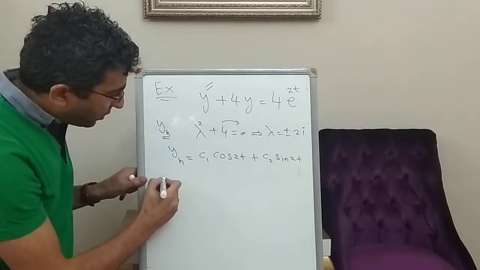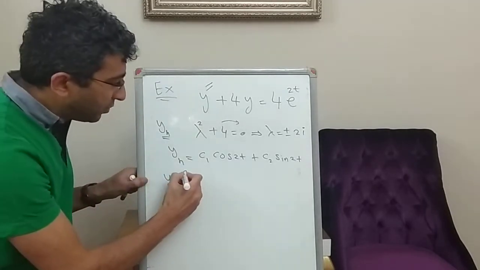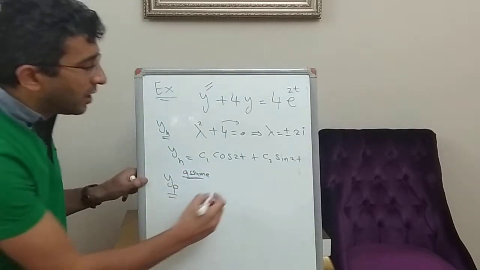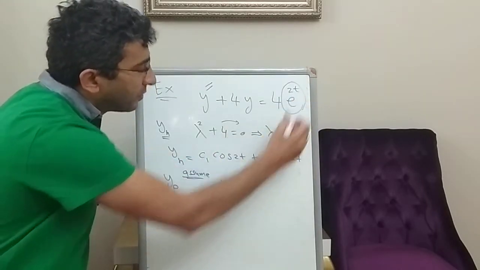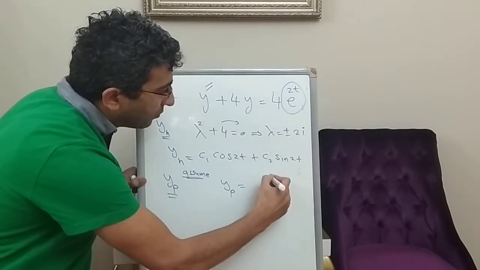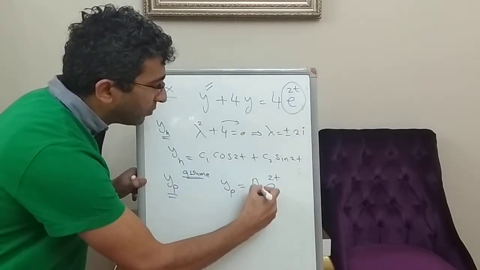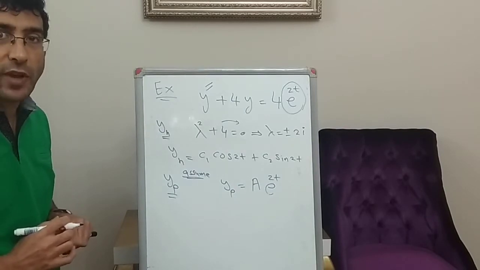Now y particular, you should assume in this undetermined coefficient method, your y particular is equal to the same characteristic of this function, which is e to the 2t. However, the amplitude you don't know. The amplitude of this, or a, the coefficient, is not known. Okay?